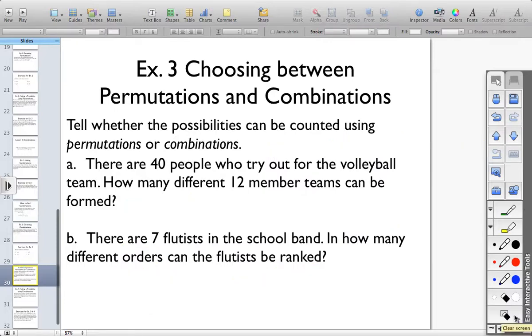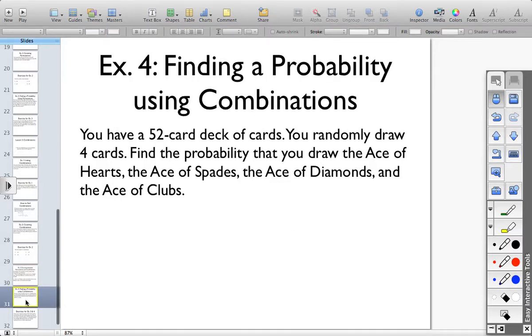Okay, let's take a look at our last example slide, and then we have our last exercise. So finding probability using combinations. So again, probability unit, how do we use it with combinations? You have a 52 card deck of cards. So this is a fair deck of cards, all the ones you expect to have in there. You randomly draw 4 cards.